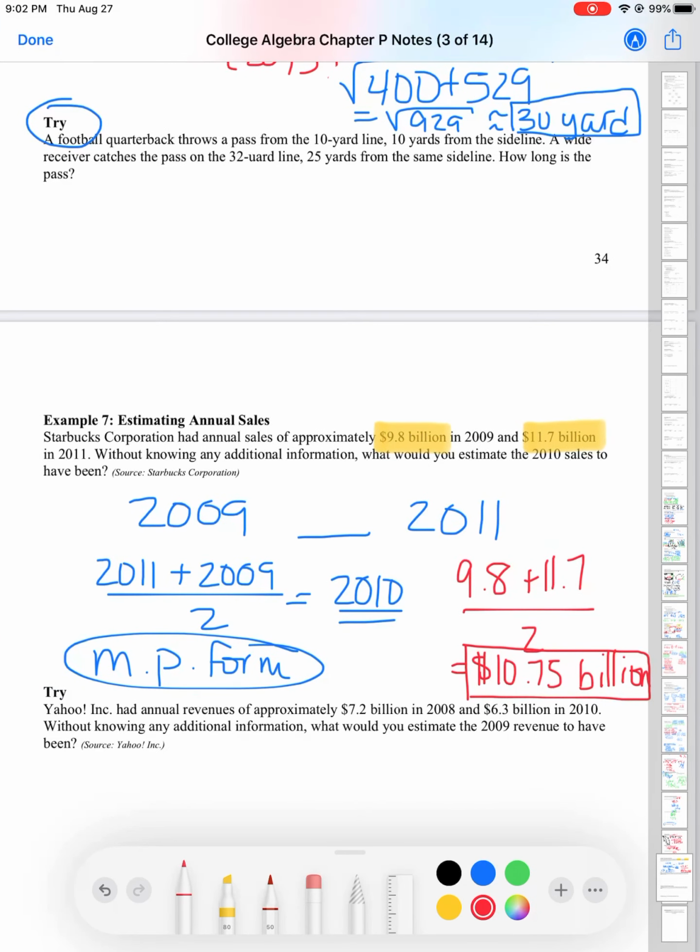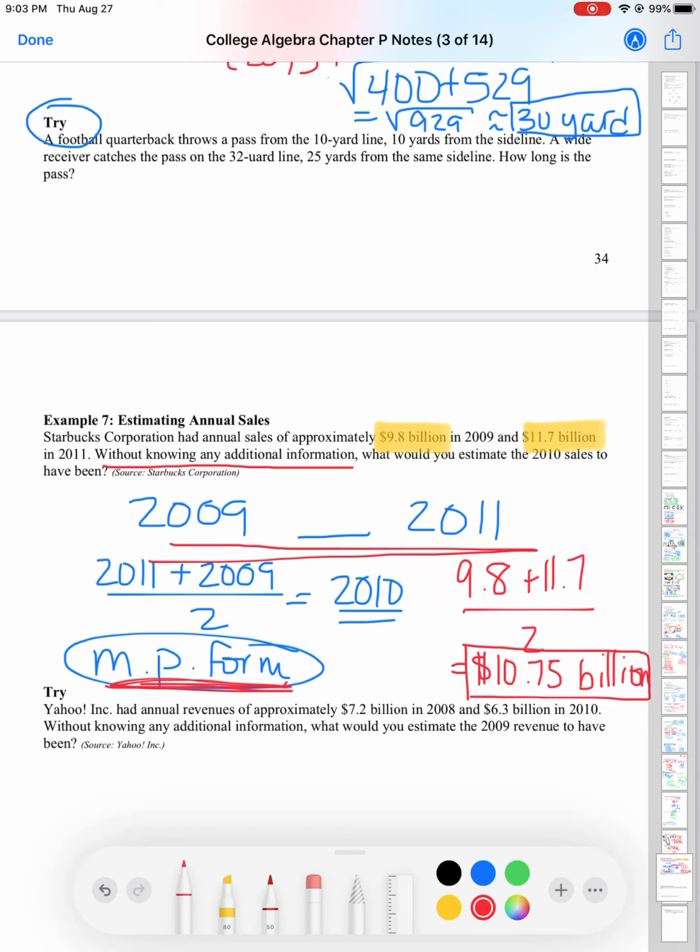Now, we're assuming a lot of things with that. Again, they said without knowing any additional information. So I just want to say that's assuming this is linear, because the midpoint formula is to find a midpoint of a line segment. So I'm assuming from 2009, within 3 years, Starbucks, especially something like Starbucks that has gotten so much publicity and just business over the years, that their revenue does not increase linearly, right?